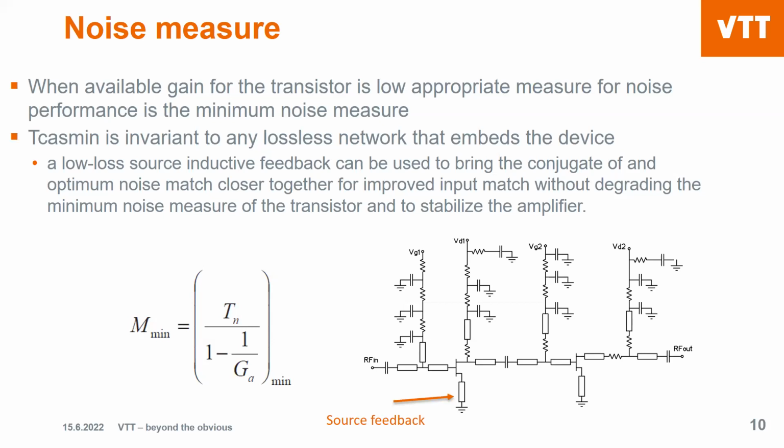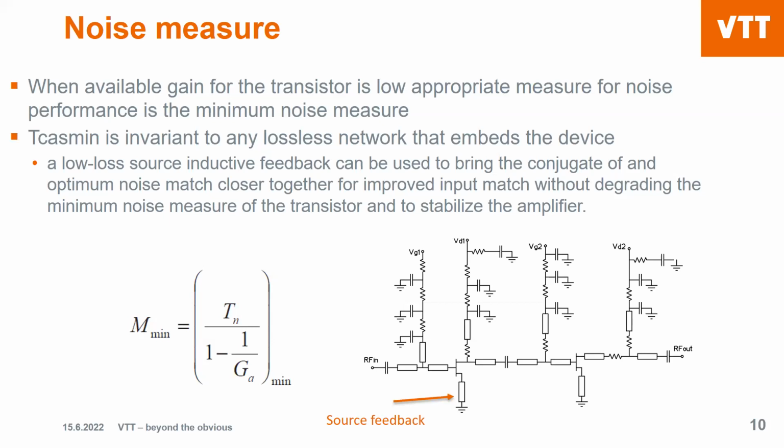And that's a very useful thing in LNA design. First of all, it can be used to bring the optimum noise match and the input matching closer together. So with that feedback, we can design our optimum noise match condition, but we can also have a good matching at the input.